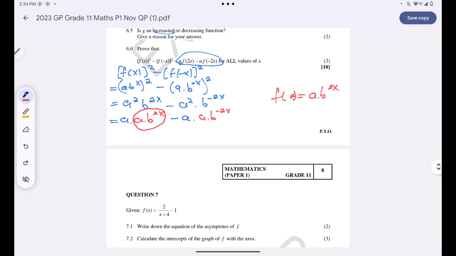Whenever I see x, I'll just substitute 2x like that. So this thing simply means that I have a multiplied by f of 2x minus, same thing, same applies here. This is a multiplied by f of negative 2x, because whenever I see x, I'll just substitute negative 2x, and then I'll basically have that. So now I know that my left hand side is equal to the right hand side. I've just proven that for all values of x.